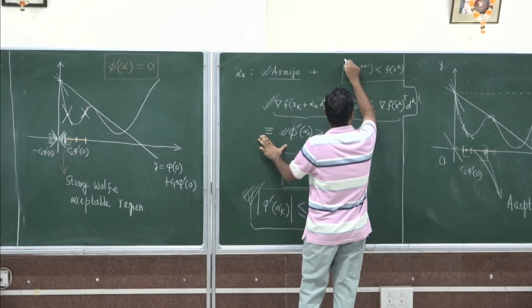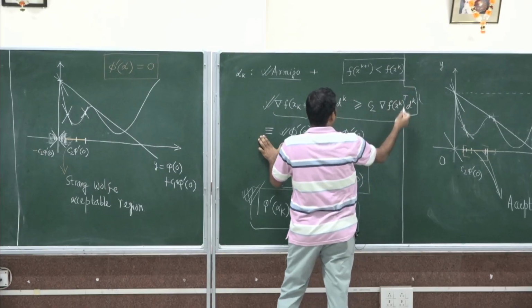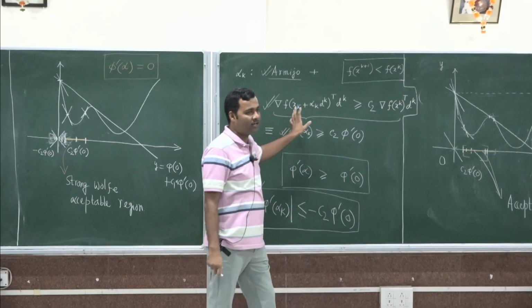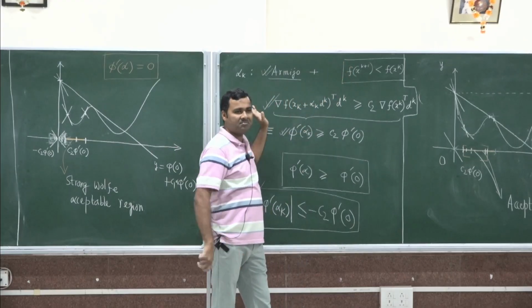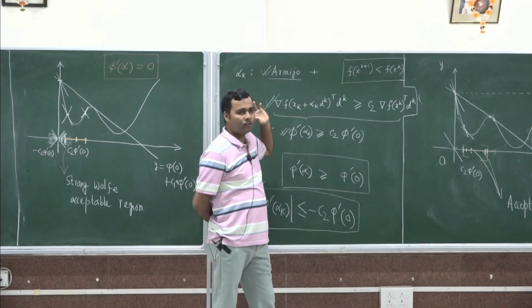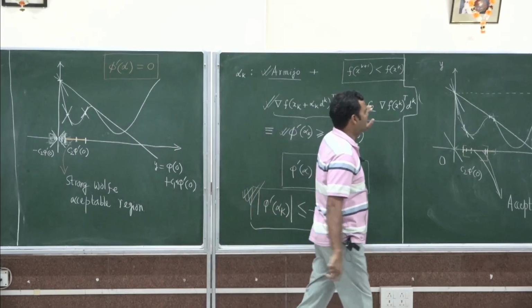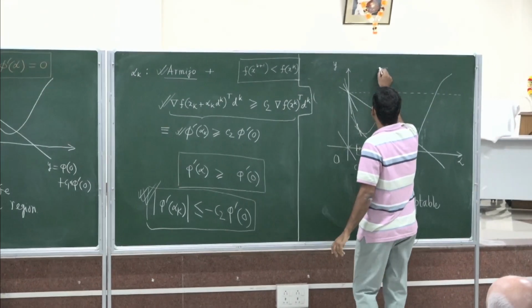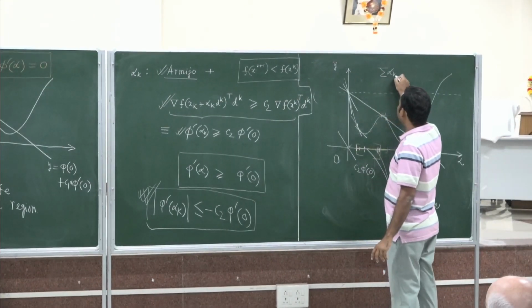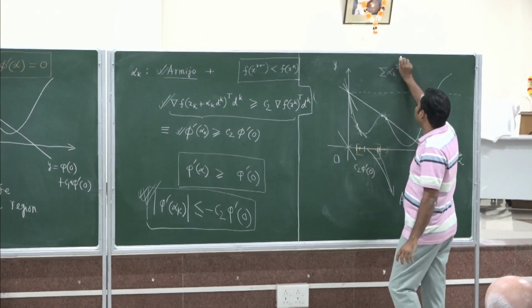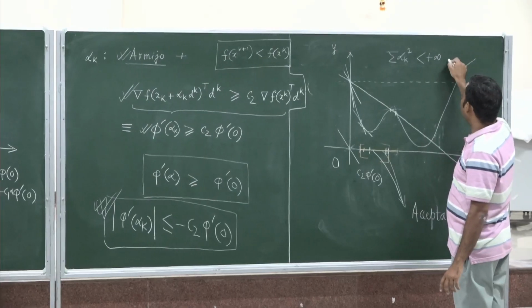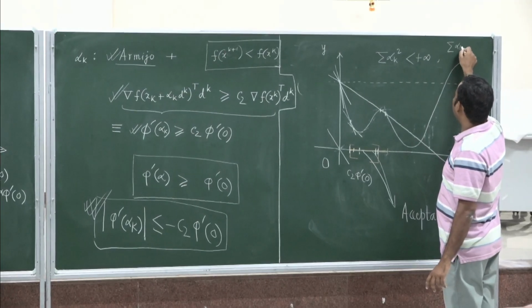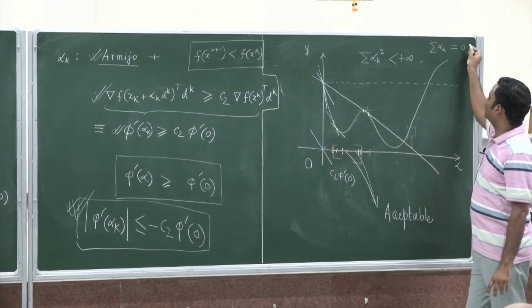However, as I was mentioning last day, there is another rule called the diminishing step size rule, in which none of those conditions are bothered about. Just follow any alpha k that is square summable, summation of alpha k squared is less than positive infinity, and summation of alpha k is equal to infinity.